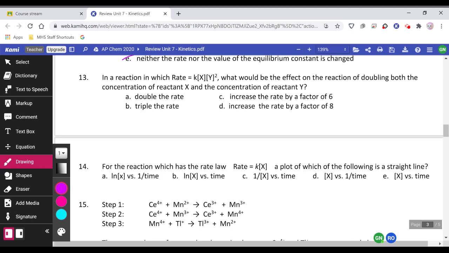It's going to double it, right? Now we have Y, which is second order, so how is Y going to affect the rate? It's going to quadruple. So what's my answer on this one? It's going to increase by a factor of 8. We just do our 2 times 4 and get 8.